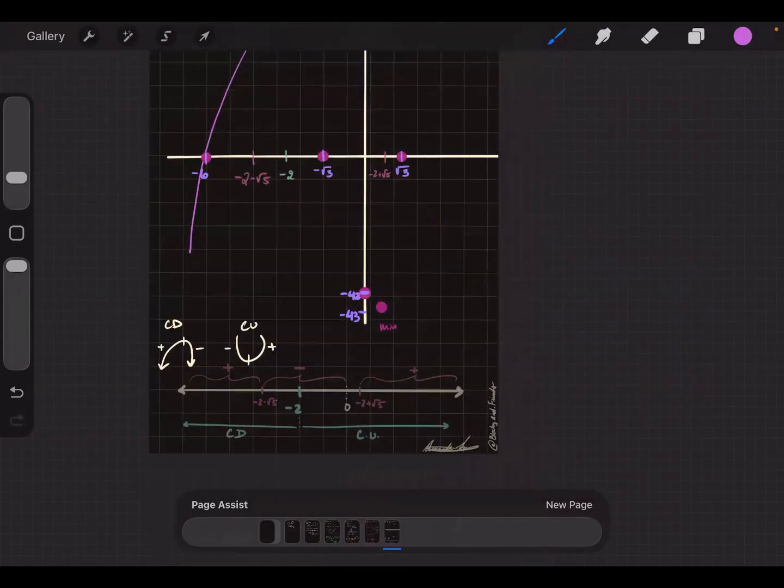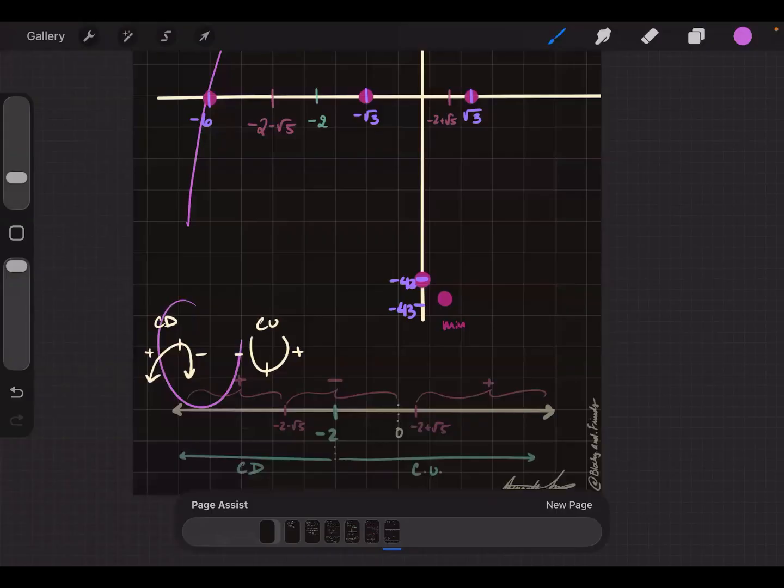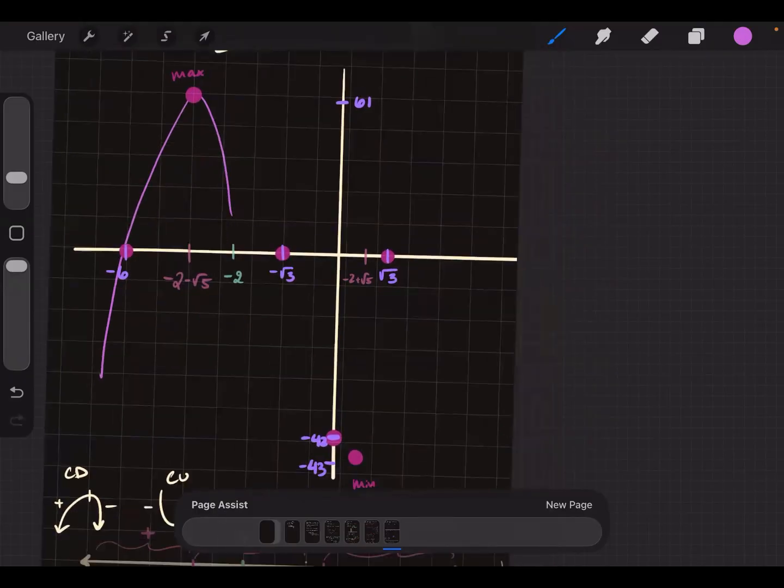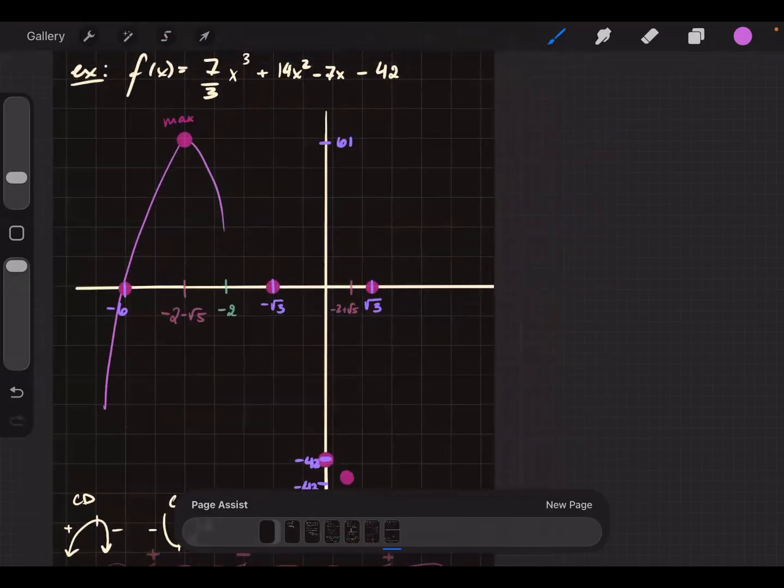And then from negative 2 minus root 5 to negative 2, it is concave down, decreasing. Concave down, decreasing looks like this. Again, checks out. But it doesn't hit 0 yet, so we'll refrain from that.